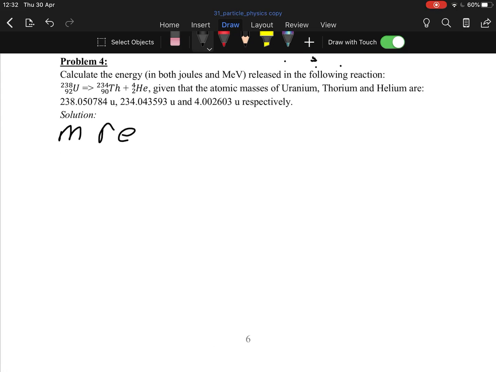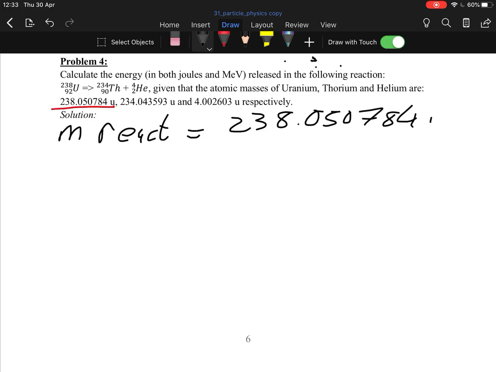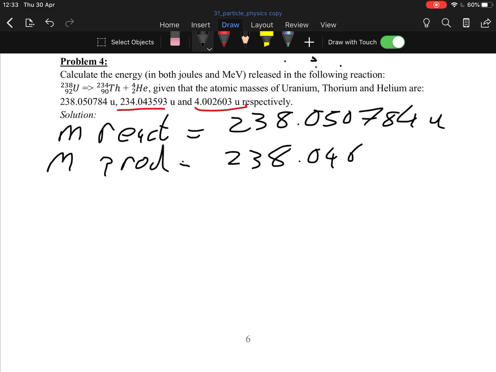Our reactant is just uranium, which is this by itself, 238.0507884 U. And the mass of the products, which is this plus this, gives me 238.0461996 U.